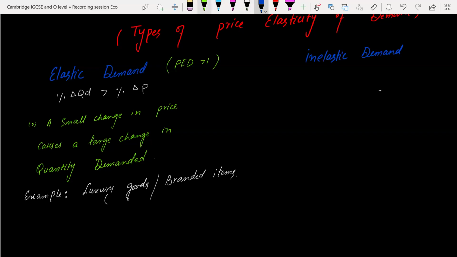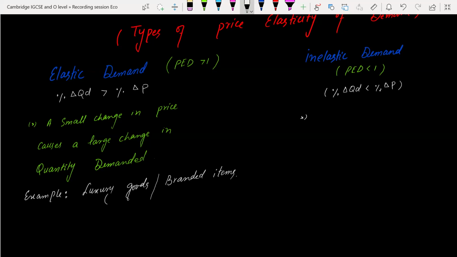When we calculate PED, if it is less than 1, we will call it the opposite: percentage change in quantity demand will be less than the percentage change in price, meaning price will change with a greater margin.